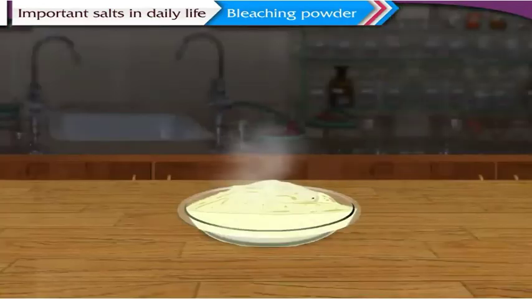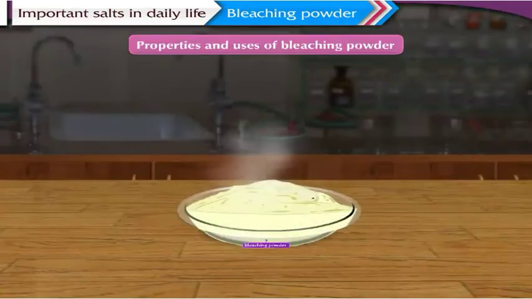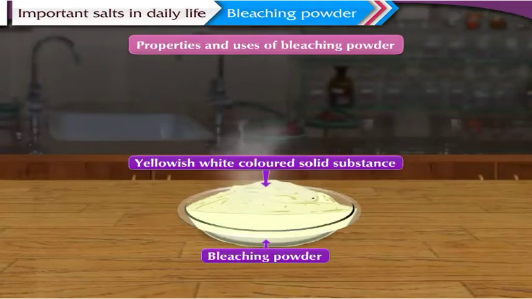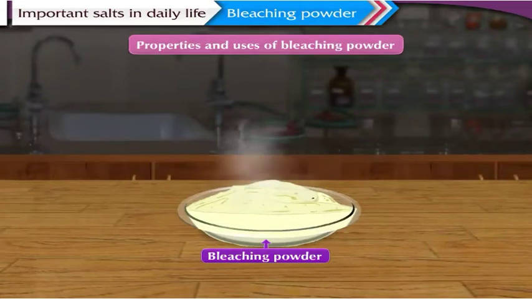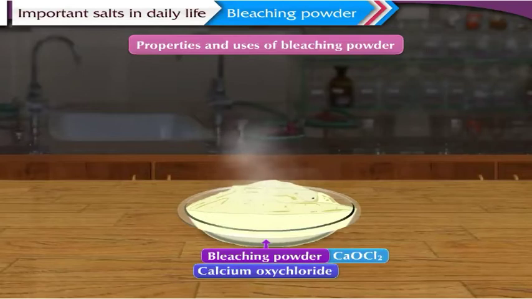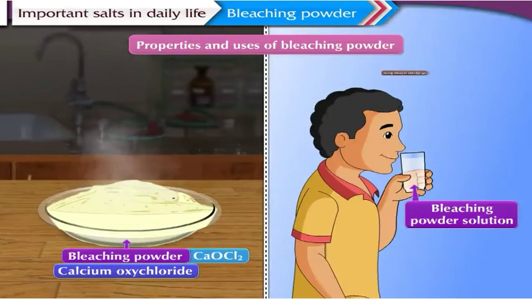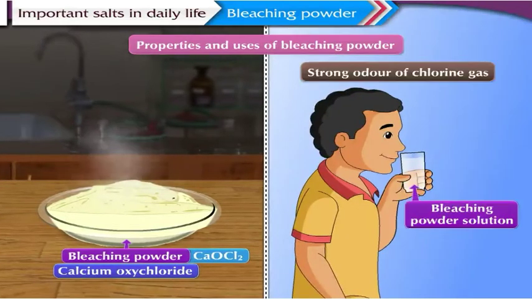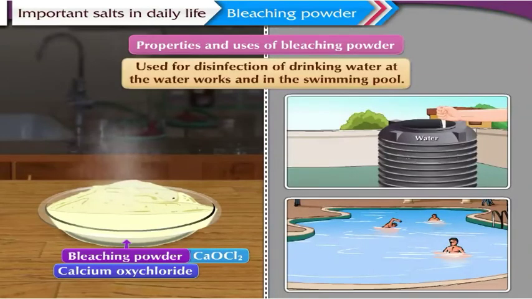Now let us understand the properties and uses of bleaching powder. Bleaching powder is a yellowish white-colored solid substance. Its chemical name is calcium oxychloride. It has a strong odor of chlorine gas. It is used for disinfection of drinking water at the waterworks and the water in the swimming pool.